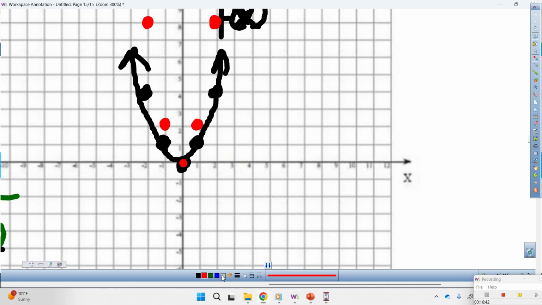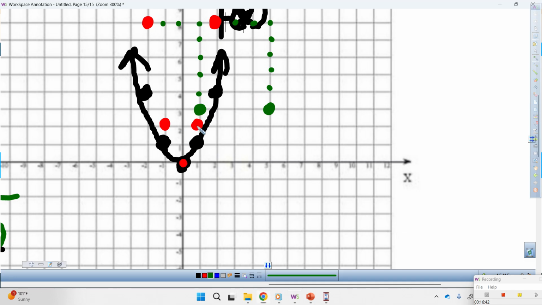I'm going to switch to green now. I'm going to go 1, 2, 3, 1, 2, 3, 4, 5. Let's do it again with the other point. 1, 2, 3, 1, 2, 3, 4, 5. So here are my 2 points that are on top.